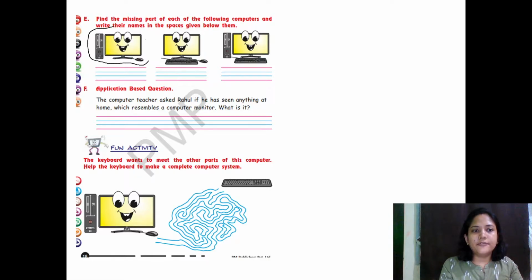Now here in the first picture, as you can see, this is the CPU, this is the monitor, and this is the mouse. So what is missing? There are 4 parts of the computer. CPU is there, mouse is there, monitor is there. What is missing? Yes, it is the keyboard.